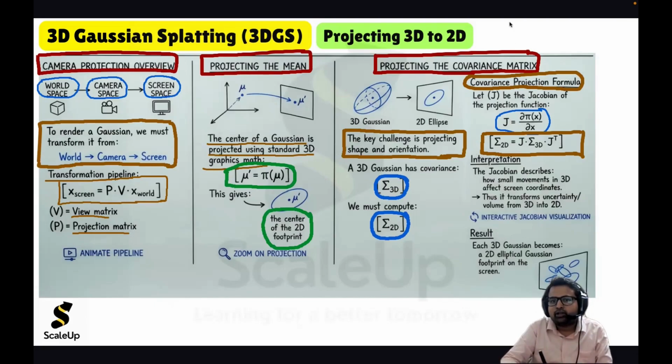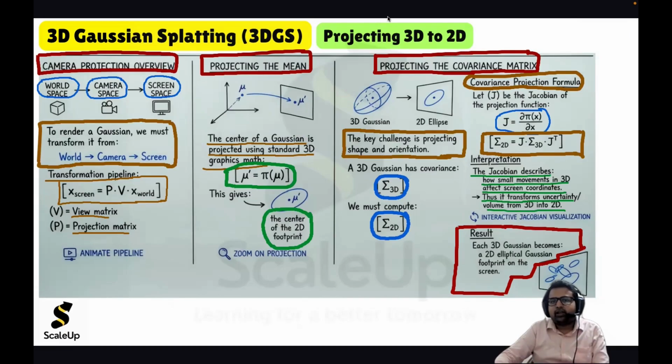So the Jacobian describes how small movements in 3D affect screen coordinates. Thus, it transforms uncertainty volumes from 3D into 2D. That is what the Jacobian is all about. As a result of this transformation, each 3D Gaussian becomes a 2D elliptical Gaussian footprint on the screen.